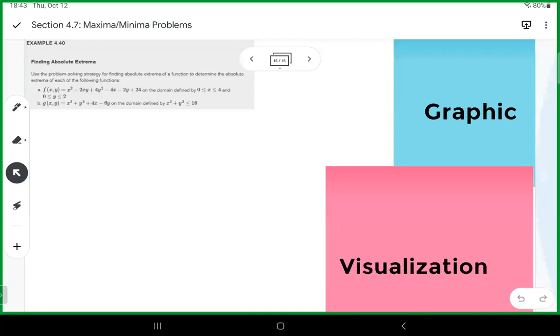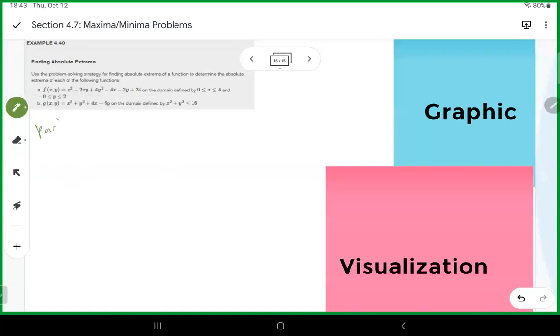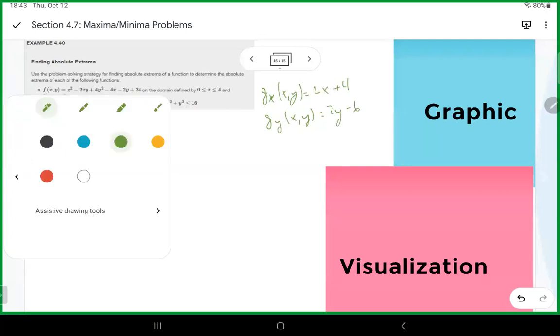All right, so same basic premise for this last one, Part B. You want to find your partials, set them equal to 0 and solve.